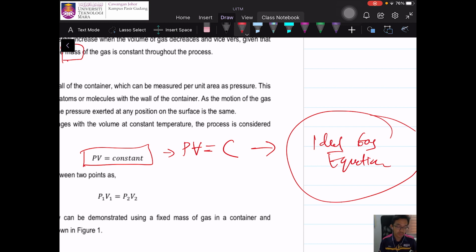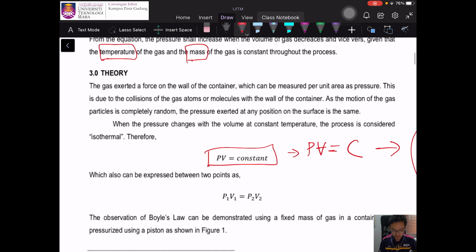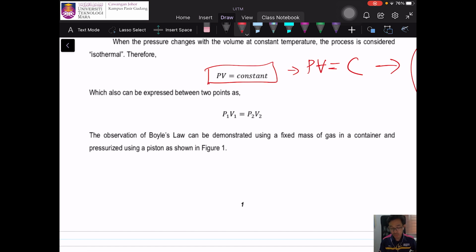In terms of the relation between state 1 and state 2, when we apply it to two different sets of parameters, we get P1 V1 equal to P2 V2.